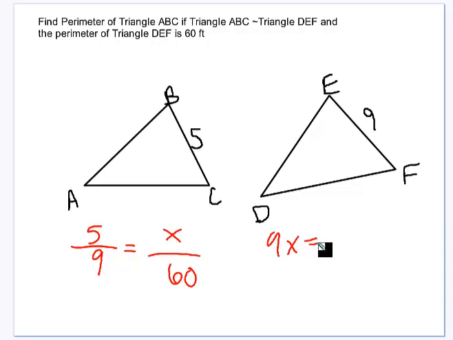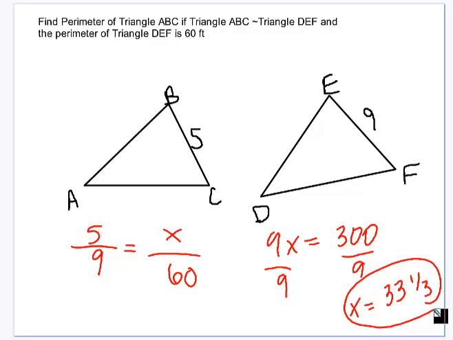So what does 9x equal here? 5 times 60? 300. That sounds much better. Then we divide by 9. So what's our x? So 33 1/3 is our perimeter of triangle ABC.